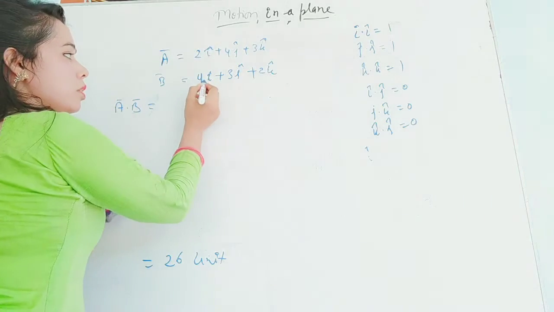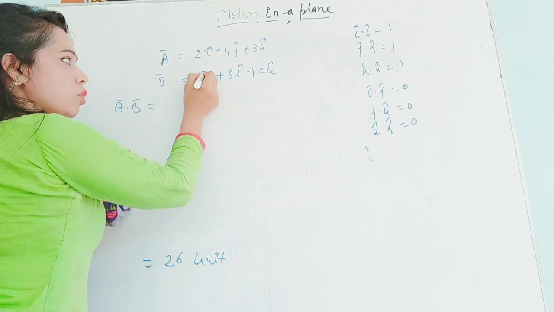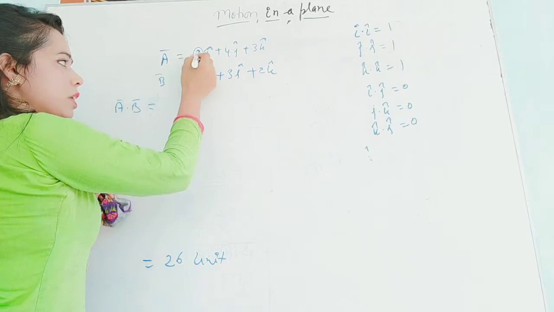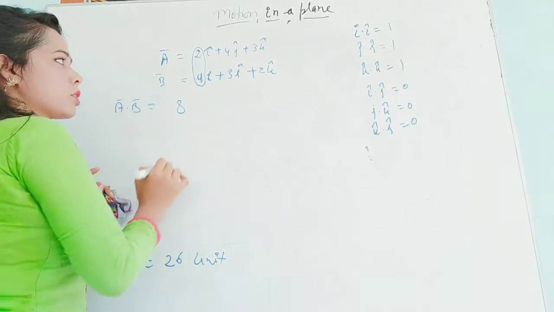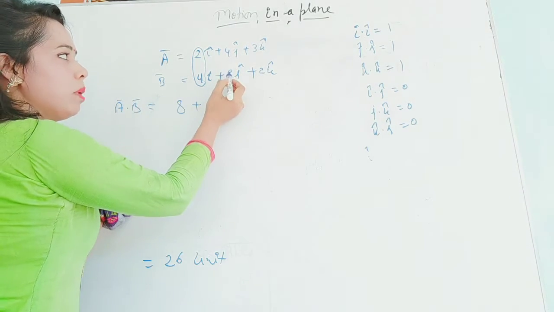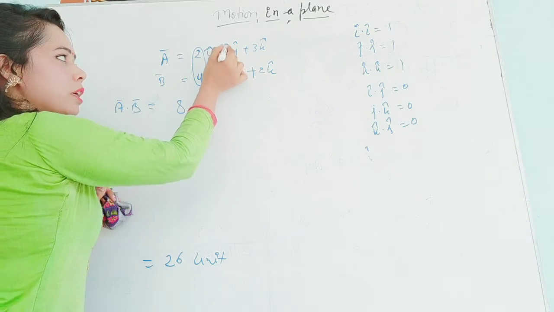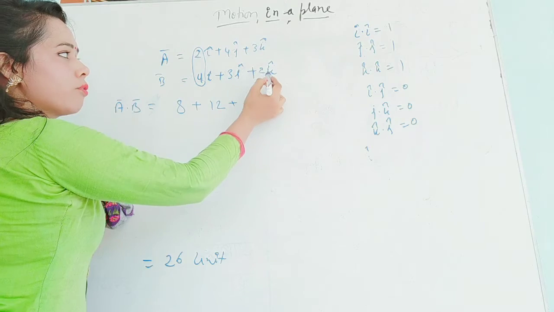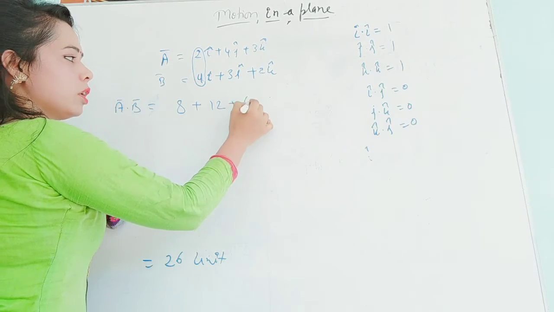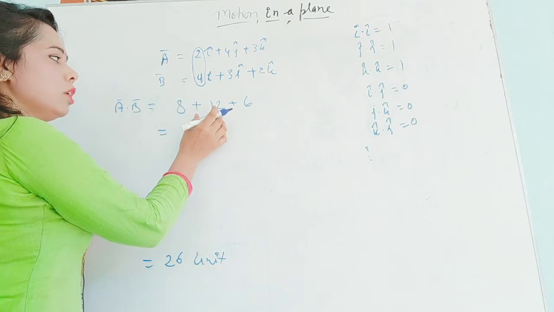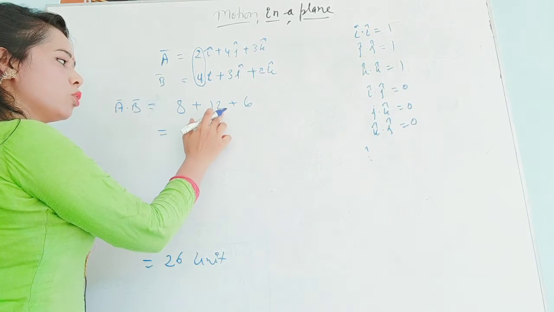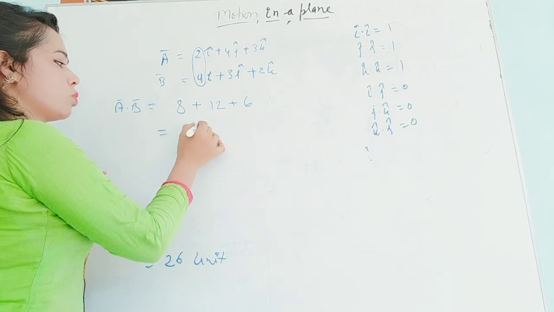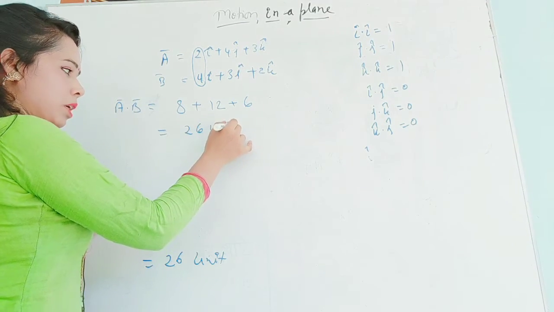You multiply coefficients of I: 4 into 2, that is 8, plus coefficients of j, 4 into 3, that is 12, plus coefficients of k, 3 into 2 equals 6. So 8 plus 12, 20, plus 6. So 26 units. Same answer by both methods.